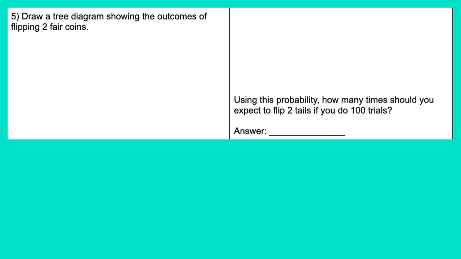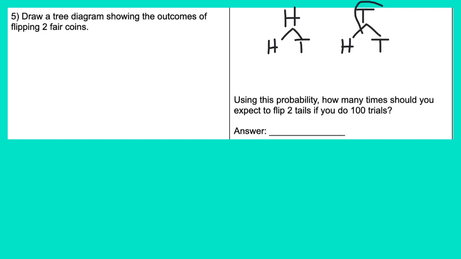Question number 5 says, draw a tree diagram showing the outcomes of flipping 2 fair coins. So if I flip 2 fair coins, I can get heads on the first one or tails. If I get heads on the first one, I still could get heads or tails on the second one. If I flip tails the first time, I could still get heads or tails on the second one. So using this probability, how many times should you expect to flip 2 tails if you do 100 trials?